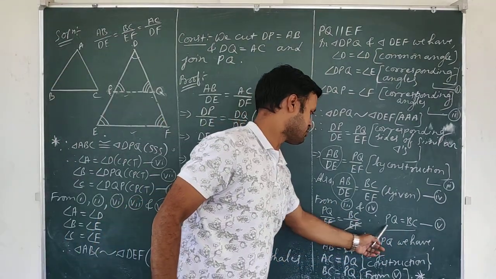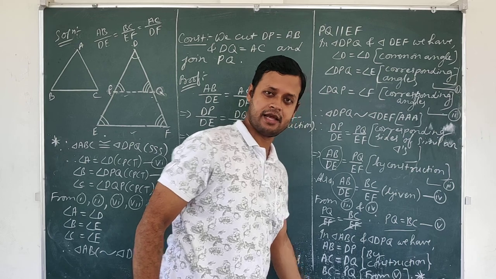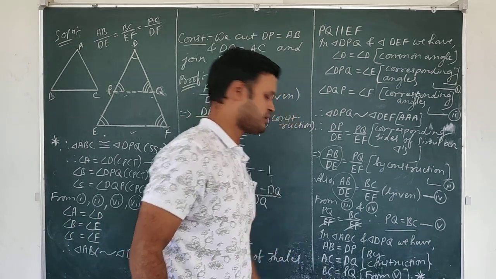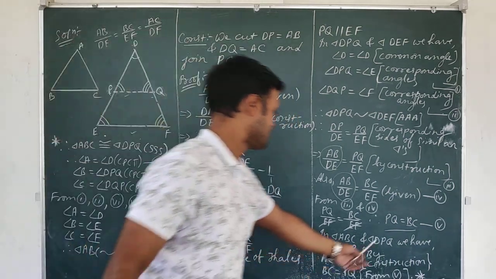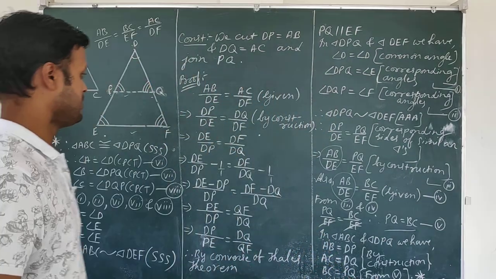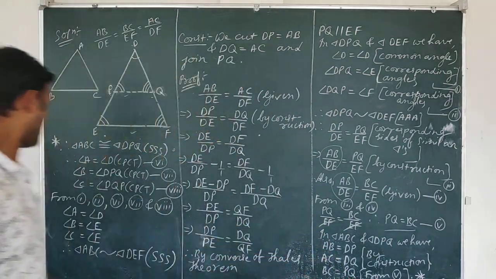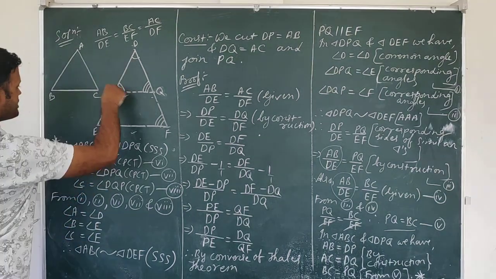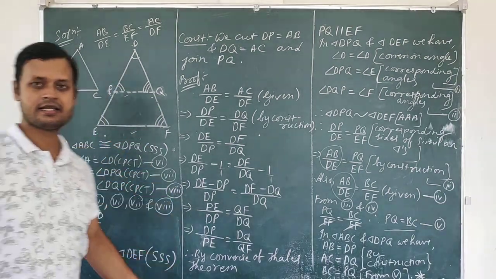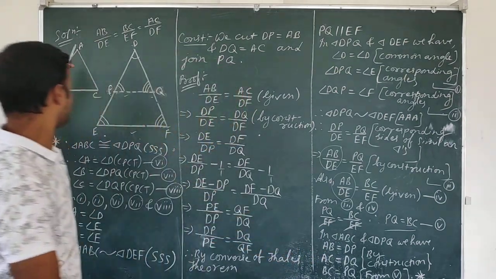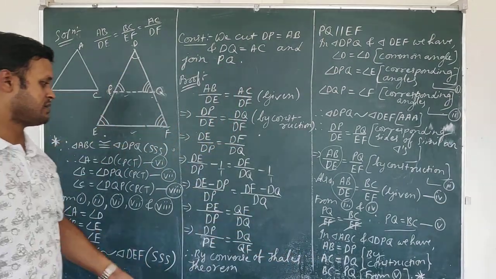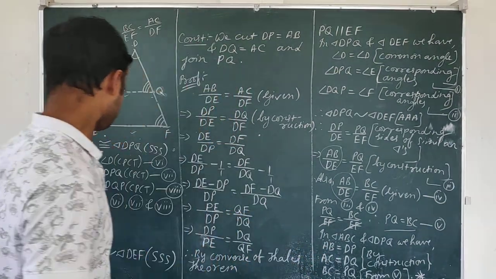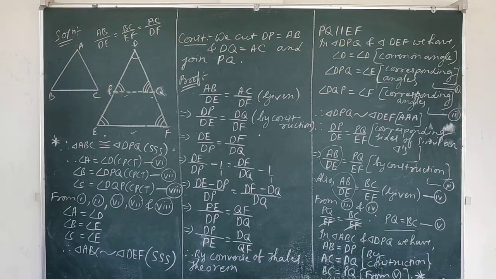And BC is equal to PQ from number 5. Therefore triangle ABC is congruent to triangle DPQ according to side. 3 sides of triangle ABC and 3 sides of triangle DPQ are equal, so the two triangles are congruent according to side.